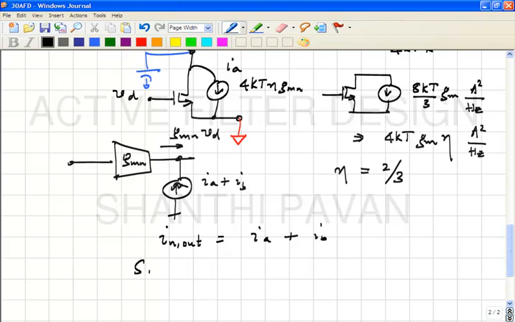So S IN out is nothing but, IA and IB are noise sources, noise currents being produced in the NMOS and PMOS transistors. So they are uncorrelated, correct, which means that I can simply add their spectral densities. So SIA plus SIB. So this is nothing but 4 kT eta times GMN plus GMP.